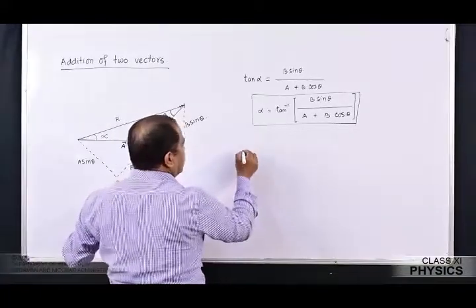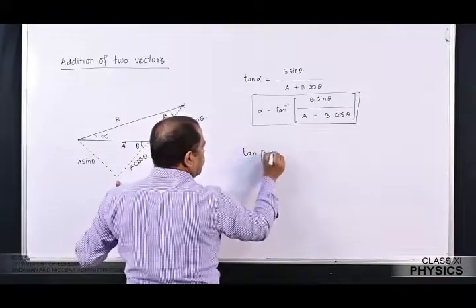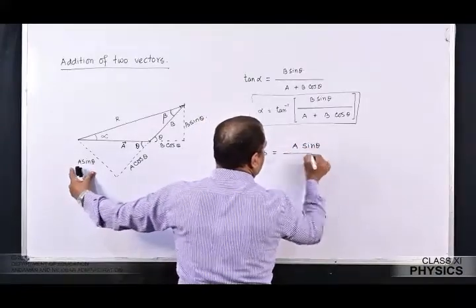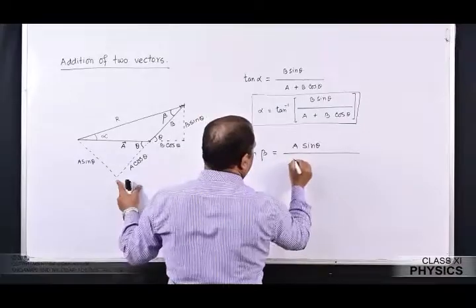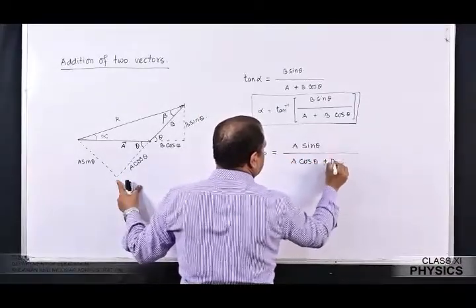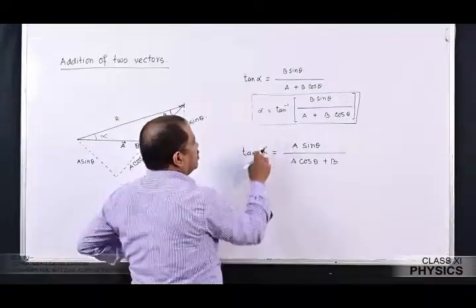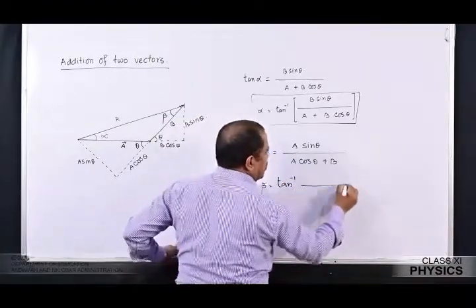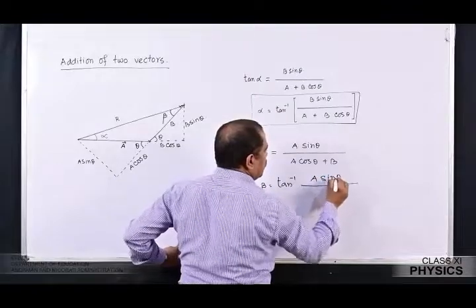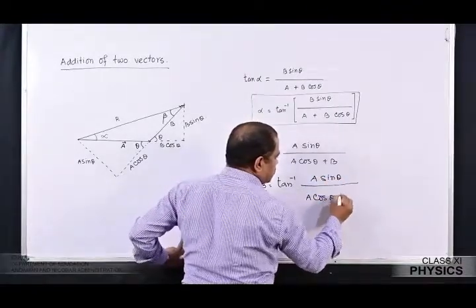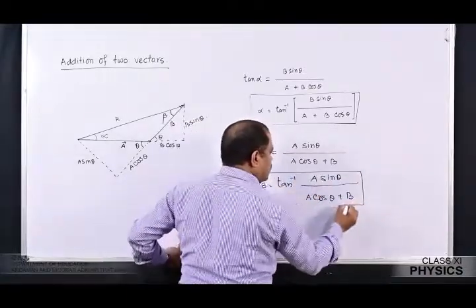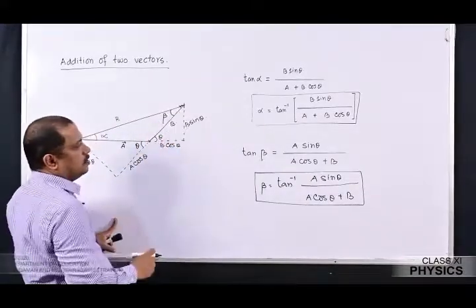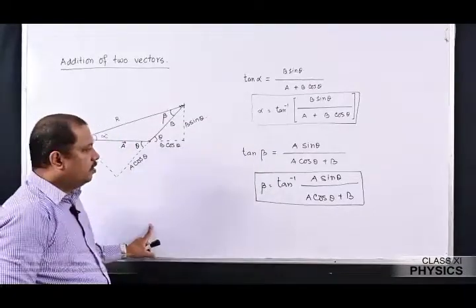From the diagram, tan beta is equal to the opposite side, A sin theta, over the base, which is A cos theta plus B. So we can write beta is equal to tan inverse of A sin theta over A cos theta plus B. This will give me the direction of the resultant vector in terms of beta with respect to vector B. So either way we can calculate alpha or beta.